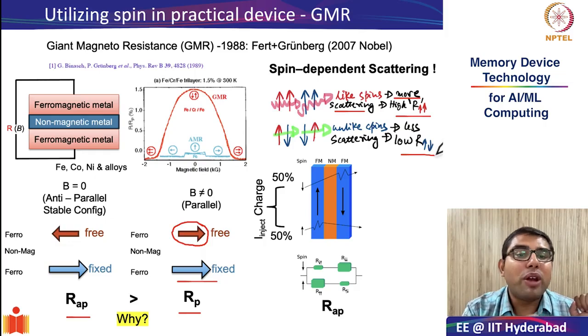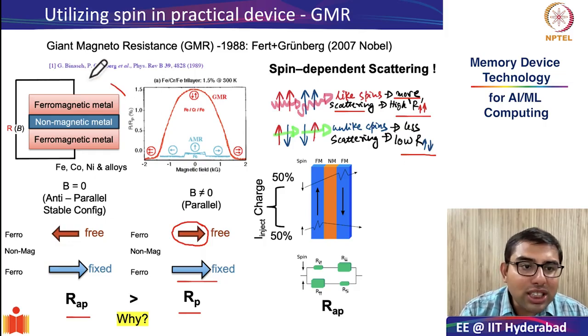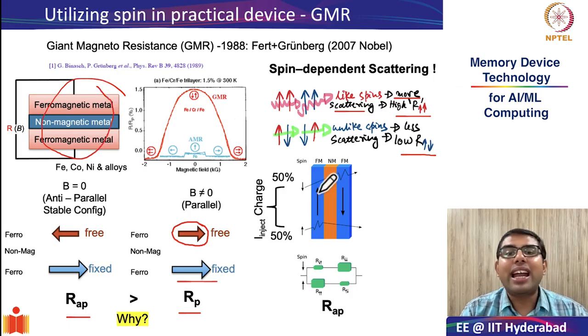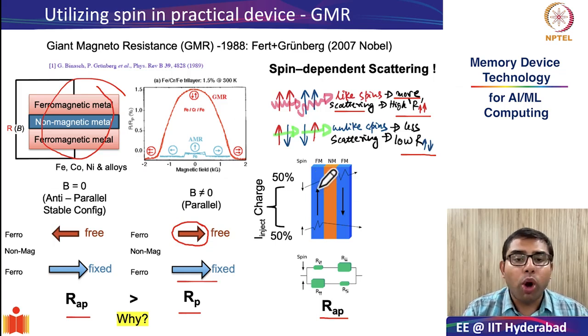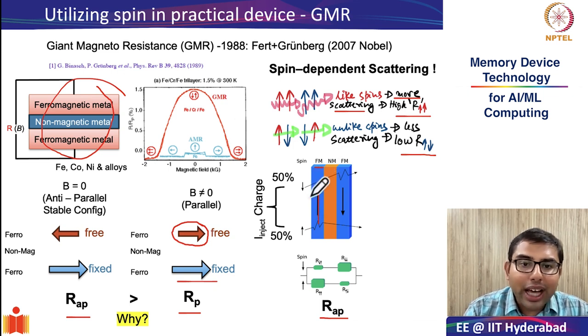This helps when we start looking at what happens through this particular configuration when you have parallel and anti-parallel spin configurations. So in this diagram, let's start with the anti-parallel spin configuration. In the anti-parallel spin configuration, the spin of ferromagnetic layer 1 is in the up direction, and that of ferromagnetic layer 2 is in the down direction.